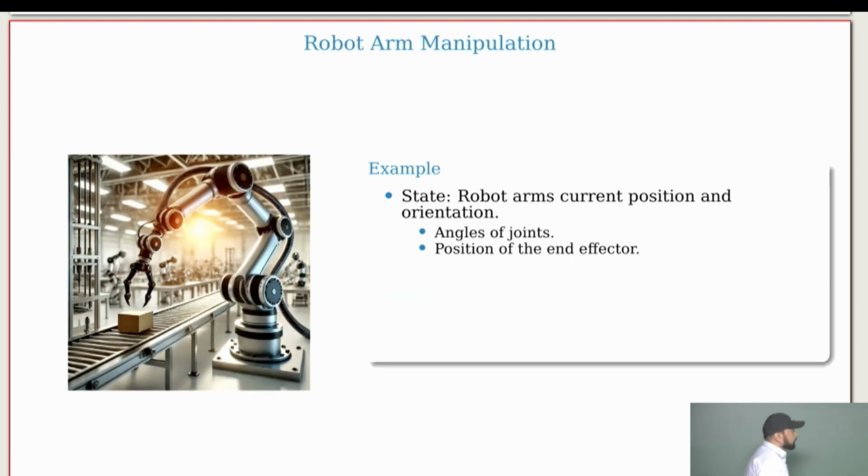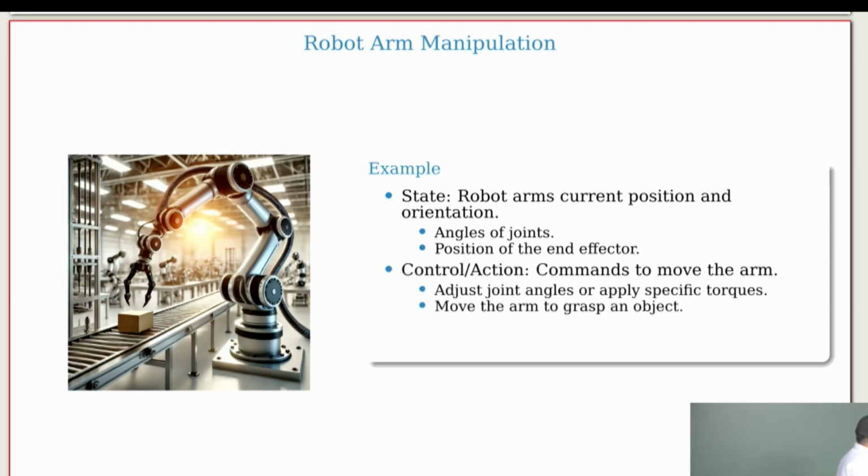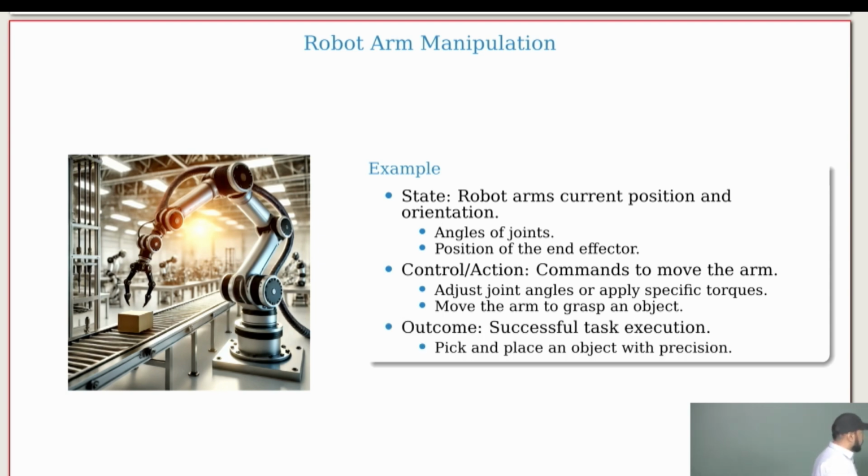Robot arm manipulation is, again, a case where you can figure out state, action, and rewards. The robot arm could be in a certain position or orientation depending on the kind of robot you have: the angles of joints or the position of the end effector, in this case the robot's two fingers. The control and actions you are supposed to take could be moving some angles, applying specific torques, or moving the arm to grasp an object, and the outcome could be successful task execution, in this case picking and placing an object.